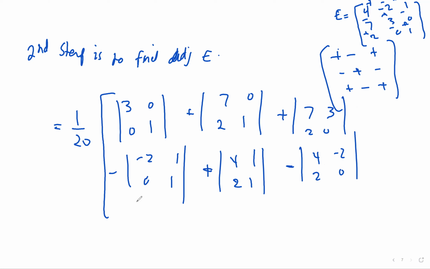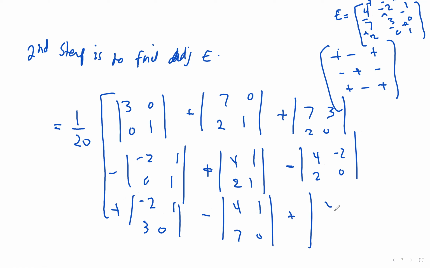Row 3, then we have plus minus 2, 1, 3, 0, and then minus 4, 1, 7, 0, and we have plus 4, minus 2, 7, and 3.